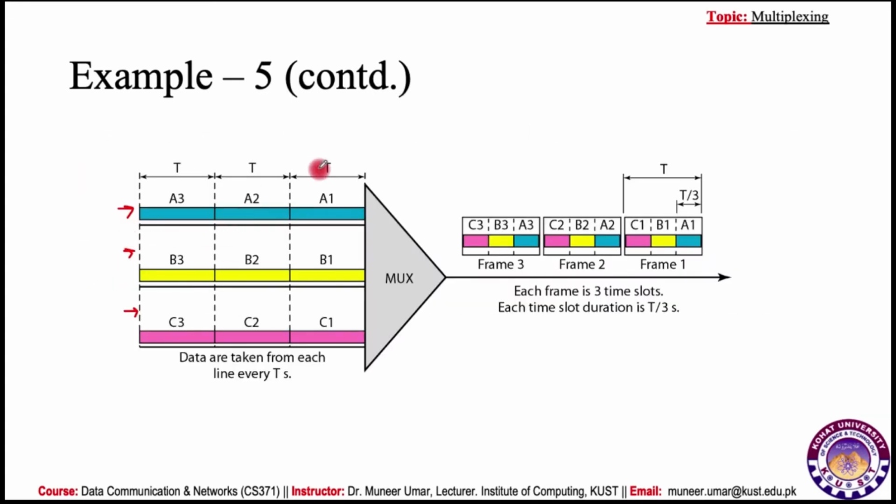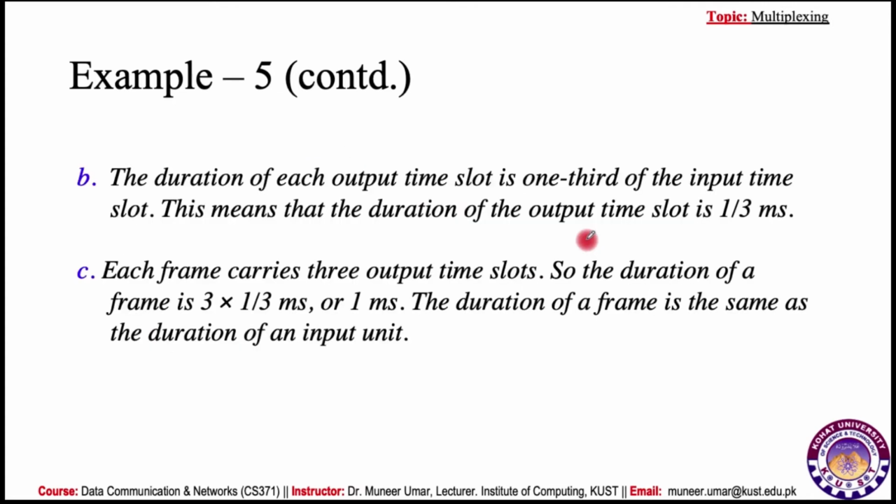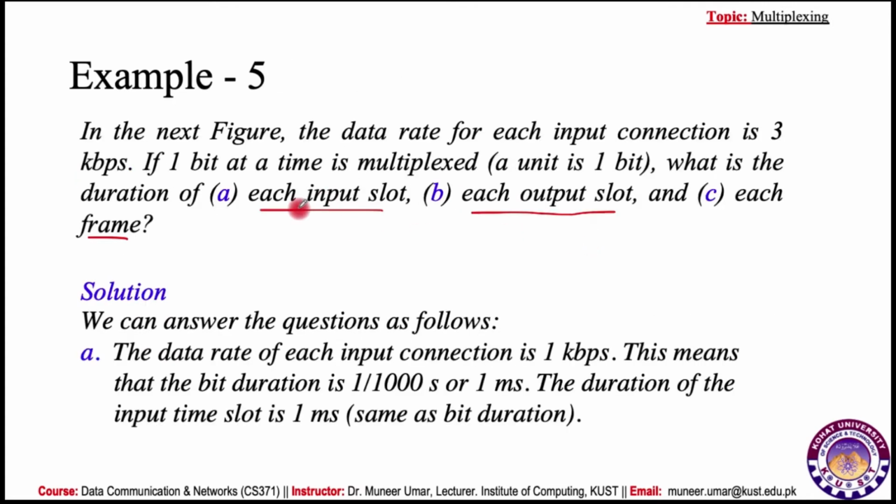What is the duration of each input slot, each output slot, and each frame? So here, what is the time for this entire frame, and this single block in the frame for device A? So first, each input slot: the data rate of each input connection is 1 kbps.